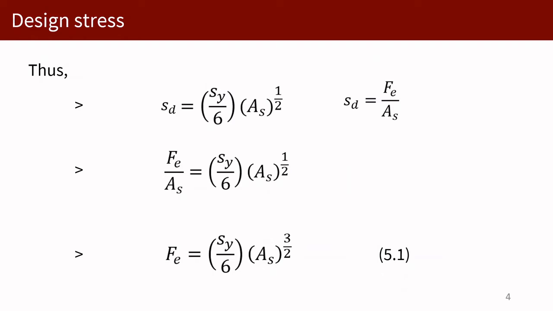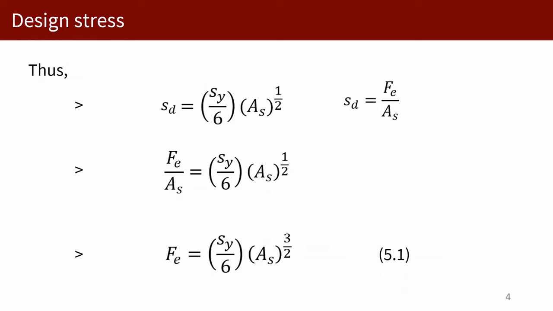The stress area is the area on which the perpendicular tensile external load, which is F_E, is applied. Now, if we substitute this, we have this second line: F_E over A_S equals the right-hand side. Transforming later, F_E is equal to S_Y over 6 times A_S raised to the power of 3 halves.